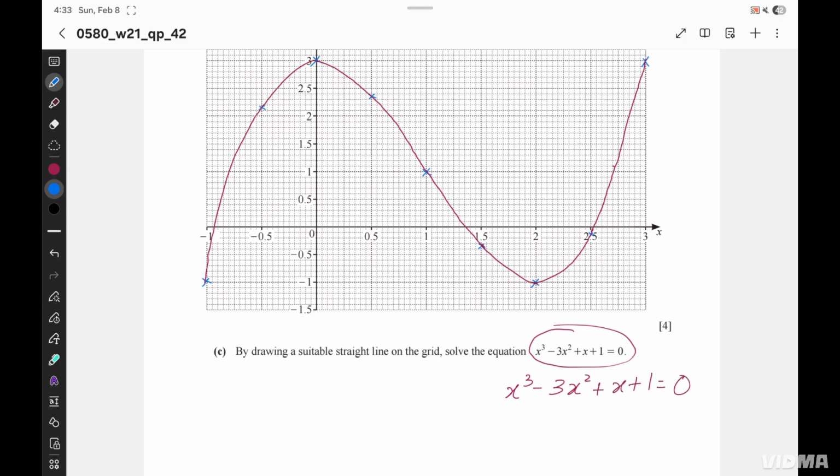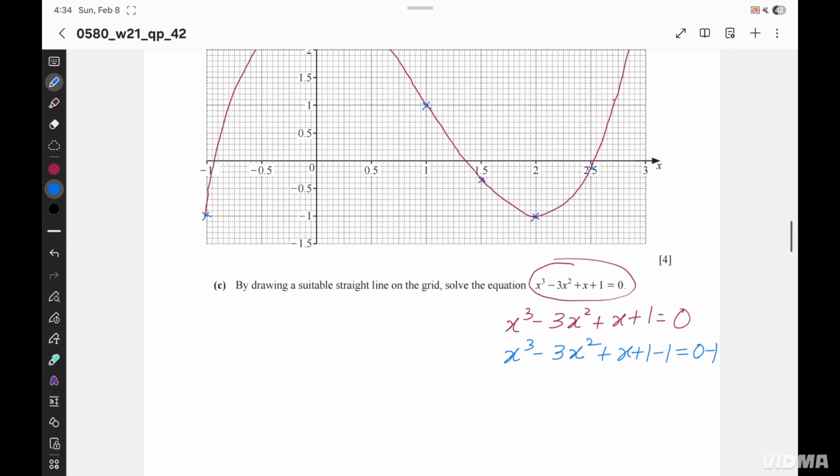And I want to write here 3 instead of x plus 1. So what can I do? I will subtract 1 on both sides of the equation. So what will I get? -1 and 0 minus 1. So I will get x cube minus 3x square plus x is equal to -1.